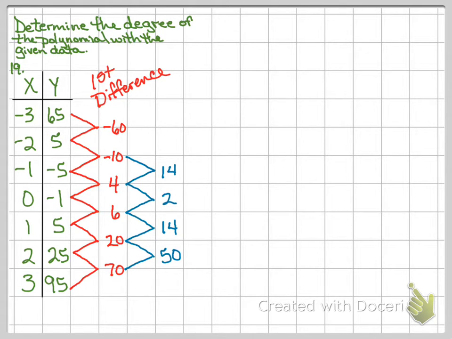And then 10 minus negative 60 gives me 50. Okay, well, I'm seeing some patterns, but that's still not it. That was my second difference.